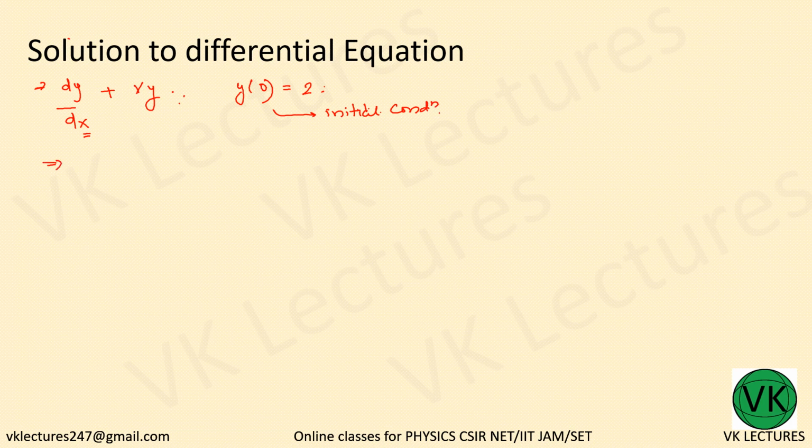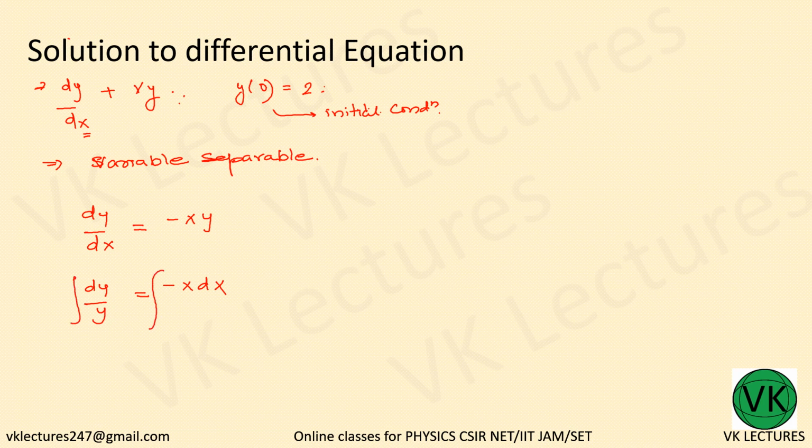Okay, so how to solve this? We were using the variable separable method. The same thing we will use here. So dy by dx is equal to minus xy, and here dy by y is equal to minus x dx. Now it's time for integration.